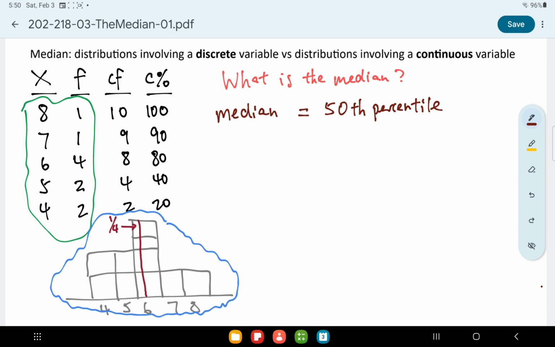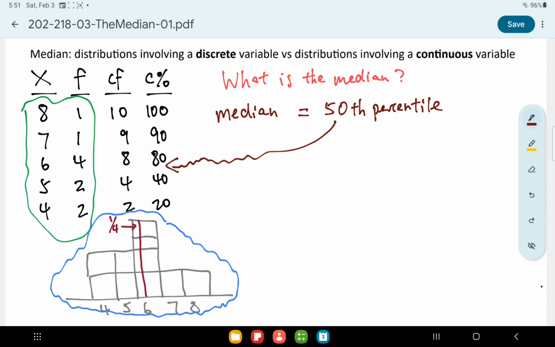So let's proceed. To begin with, we're just going to quickly set this up to figure out exactly where this 50th percentile would fall. According to the frequency distribution table we've constructed here, I've already included the cumulative frequency column as well as the cumulative percentage column. In the cumulative percentage column, we can figure out where the 50th percentile is located.